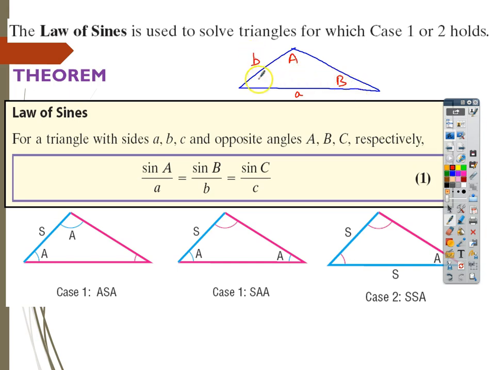And if this is angle C, this is little c over here. And what the law of sines says, if I take the sine of big A up here and divide by a, it's going to be the same as sine B divided by b. And that's holy cow. And sine of C here divided by this c is going to all be the same, every single one of them. Wow.